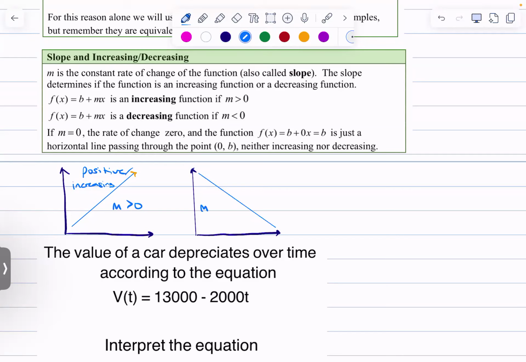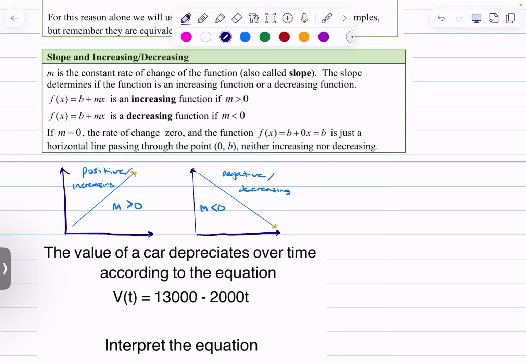Here, my slope is going to be less than 0, which means we have a negative slope or a decreasing function. And again, as long as you put your little imaginary arrow on the right-hand side, notice that it's going down, right? So it's decreasing.